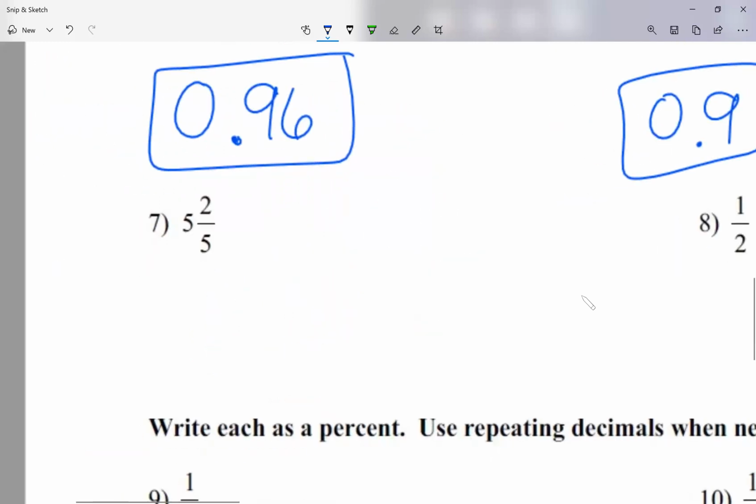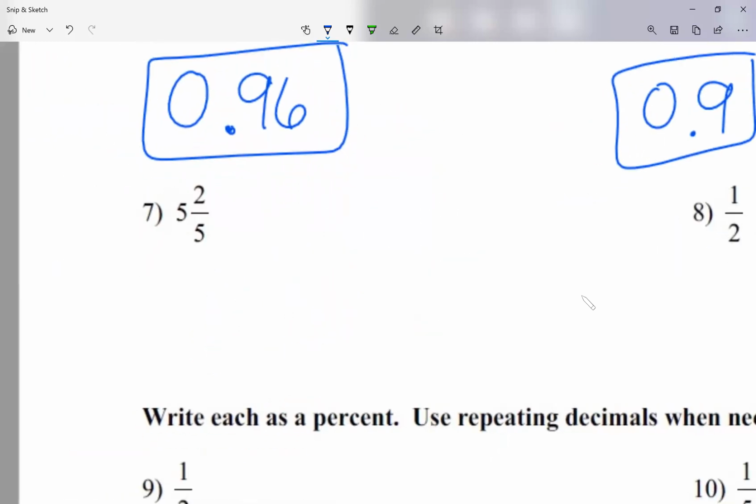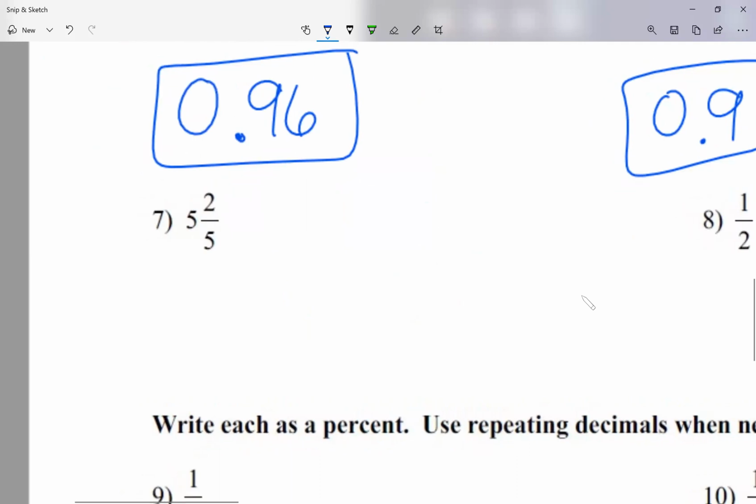All right, so let's take a look at question number 7. I'm just focused on the fraction. I don't care about the 5 in front of the fraction. All right, let me write the 5 there. Now, the bottom of my fraction, I want to make it either a 10 or 100. I can make it 10 if I multiply by 2. Let me multiply the top by 2 as well, so it makes it 4 over 10.